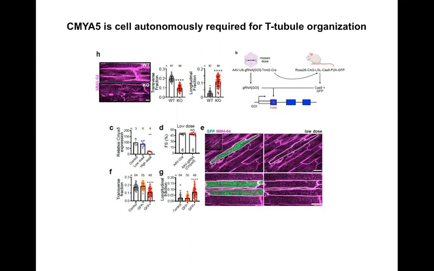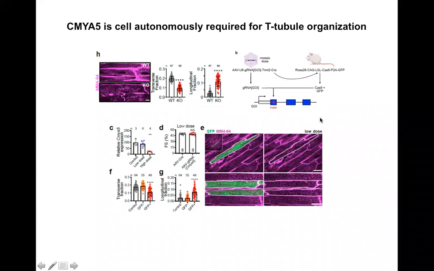To further ask whether the phenotype was a secondary effect of cardiomyopathy or whether CMYA5 functions in a cell-autonomous way, we delivered two guide RNAs into the Cre-inducible Cas9 GFP transgenic mice, at a high dose to validate the knockout efficiency and a low dose for mosaic knockout purposes.